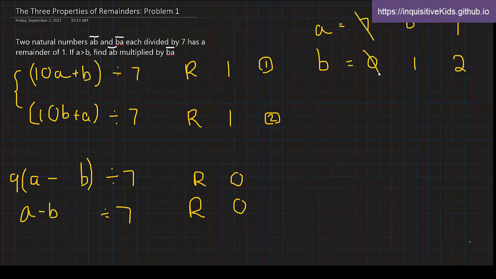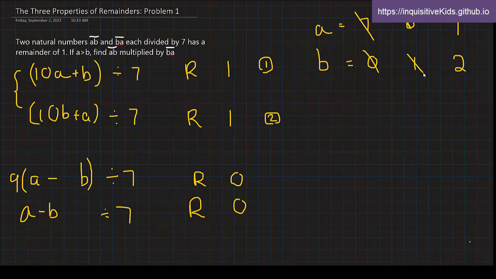Now pause the video to check which one of these remaining possibilities will work. So you should have 8 and 1 crossed out by now, right? Because that doesn't fit the standards, and all you have to do is substitute A and B and see if they really work, and they don't work.